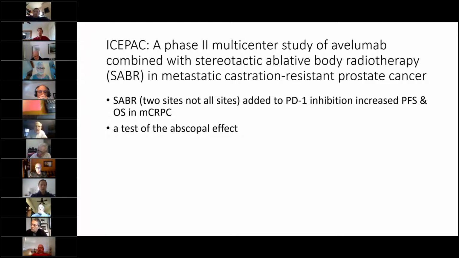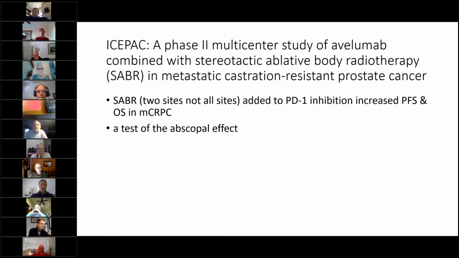I just thought it was interesting that there was a significant difference in both outcomes. Did they have a control in this? Did they compare this to somebody who just got avelumab? Yes, that's the difference. Okay, so they did have a control, and they did find that the guys that got the SBRT did better than the guys who didn't.